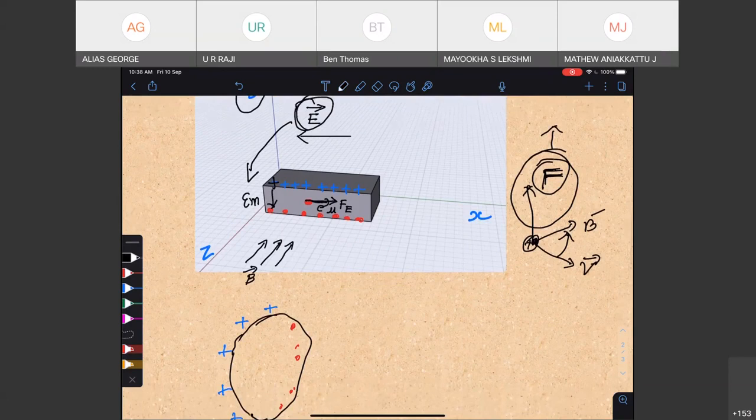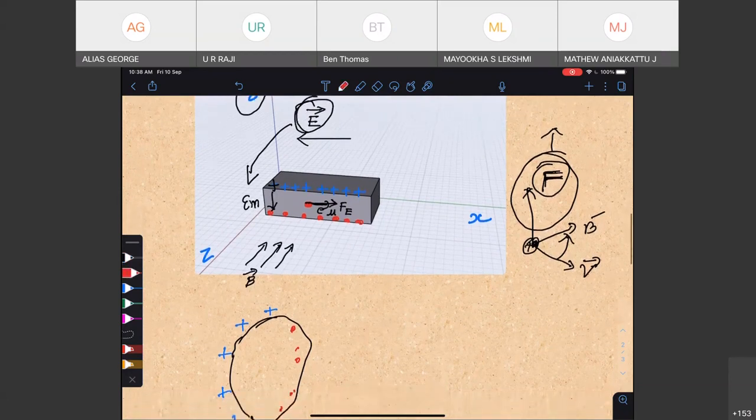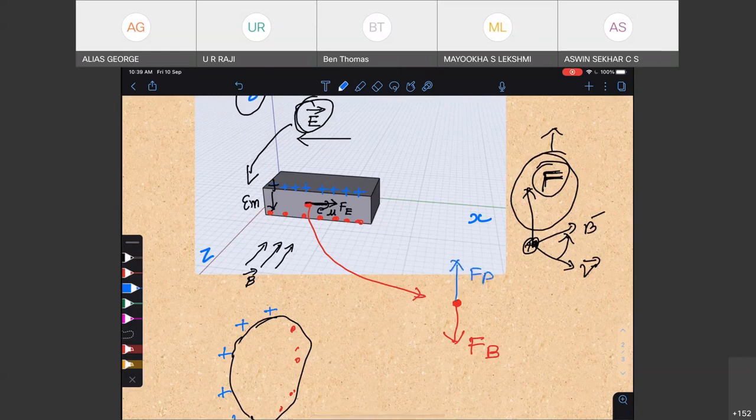Let me add one more thing. You can take this electron out here. The magnetic force will be down, and here a new induced electric field appears. The force due to that electric field will be in the upward direction. Now it is balanced, right?